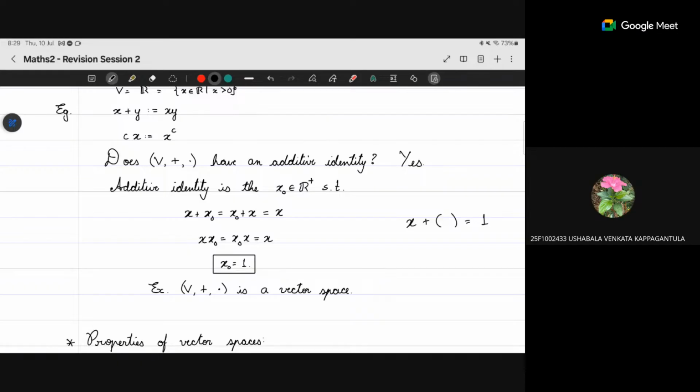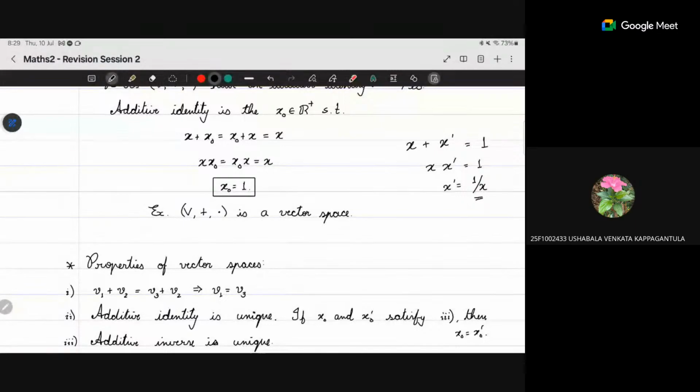It can't. But what is x plus something? By definition, it is x times something, right? So this something, let me not keep calling it something, let me call it x prime. So x prime is 1 by x. Now 1 by x does make sense because we are excluding the 0. Right, so this is the additive inverse.